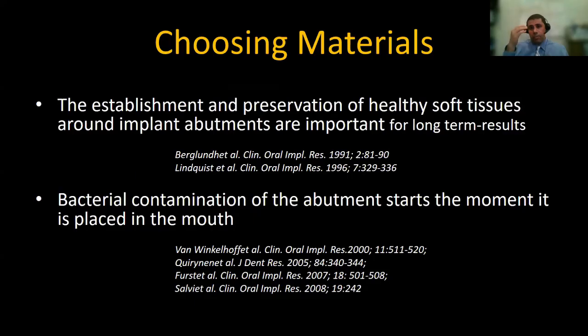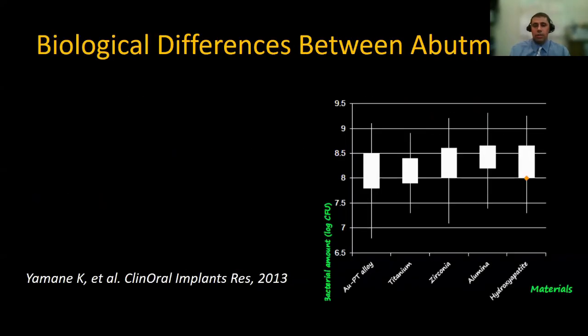When it comes to choosing the material, something that's very important is the establishment and preservation of healthy soft tissue around implant abutments long term. But the other thing that we have to consider is the bacterial contamination of the abutment or the microleak that happens around the connection, but also plaque accumulation around dental abutments.